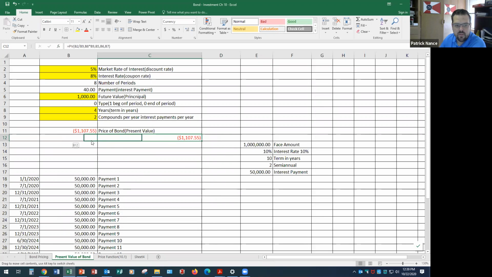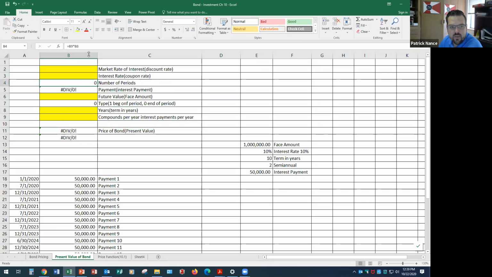Future value, which is the face amount. Okay, so I just redid the same calculation. So now all you have to do, if you build it the same way I did, is just change those numbers I've highlighted. Everything else should calculate.